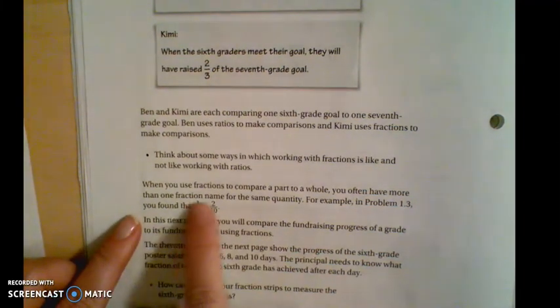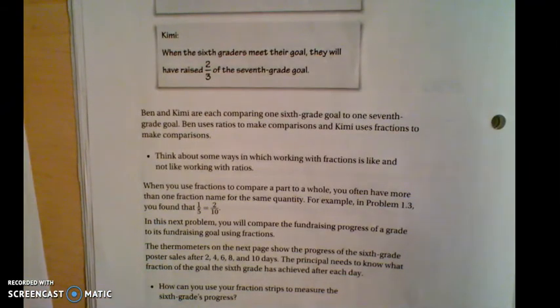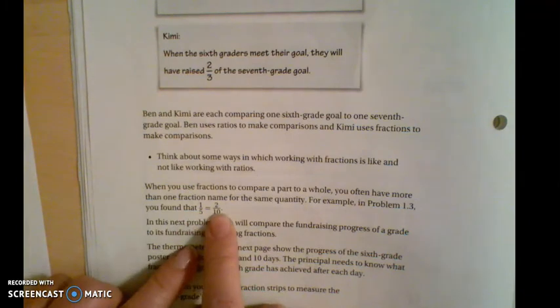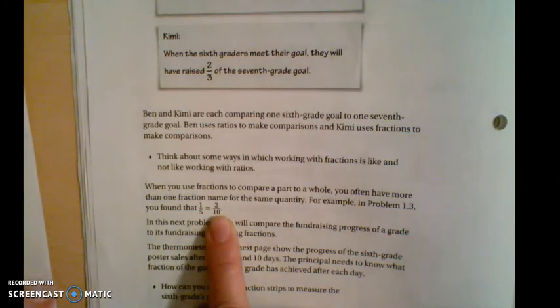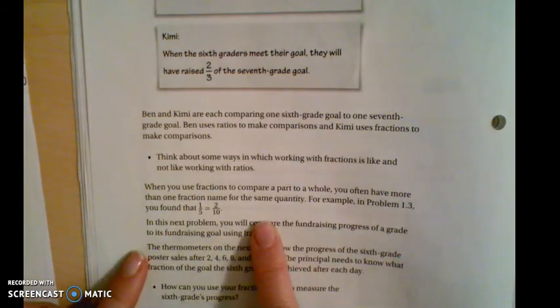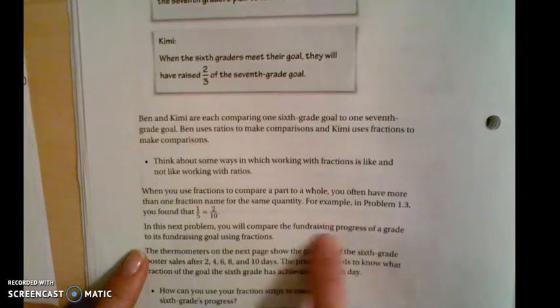So 1/5 of a whole and 2/10 of a whole are really talking about the same size piece. They're both equivalent fractions.